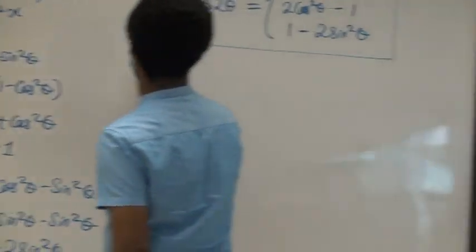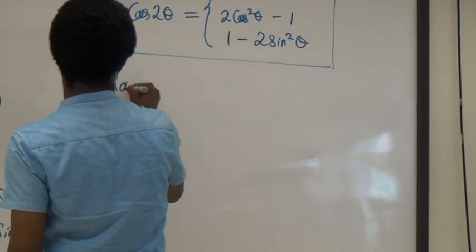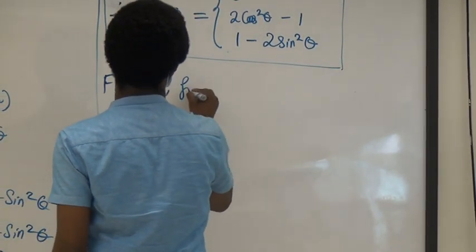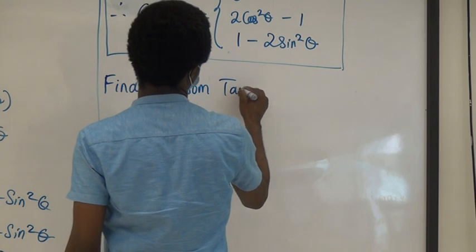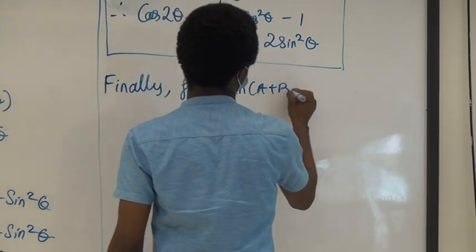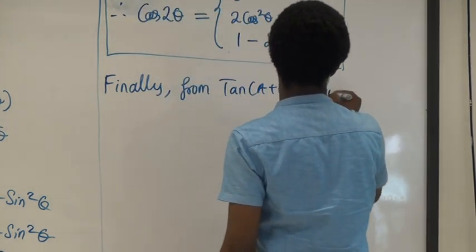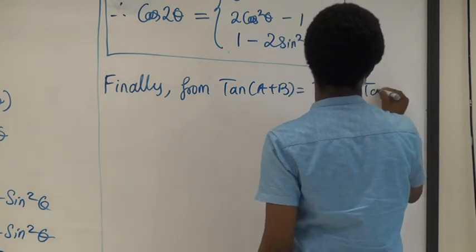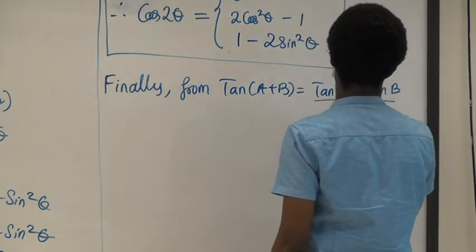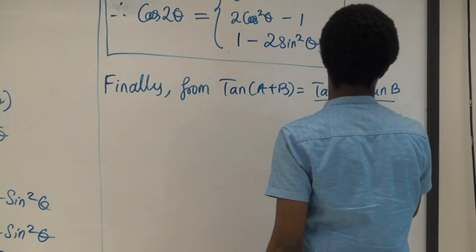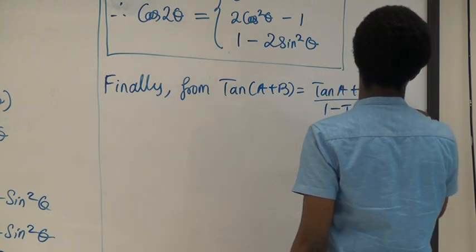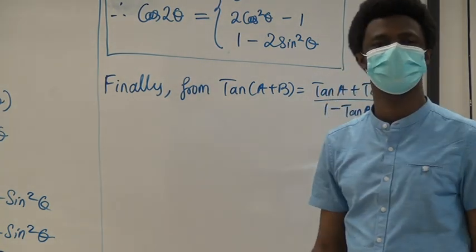So, finally, from tan A plus B equals tan A plus tan B divided by 1 minus tan A tan B. Of course, you don't have to write your tan in capital letter.